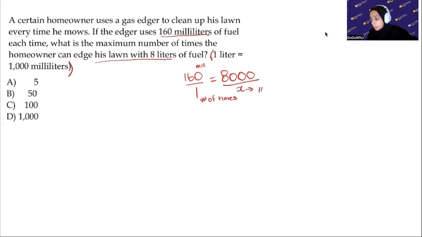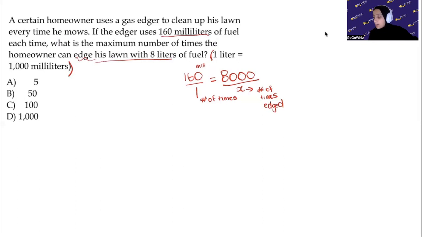We're going to call this number of times, I guess cleaned up, like lawn cleaned or mowed or whatever. Oh no, you know what? They used edged. There you go. Okay, anyways, number of times edged. Okay. All right. So let's have a look at this.